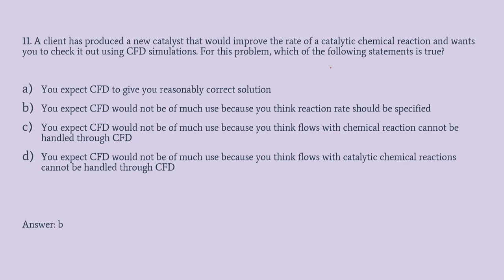So option C and option D won't be there. Option A should have been there if the initial rate of the reaction was specified, based on which we wish to improve that rate. Since that rate is not present, option B should be the correct answer.